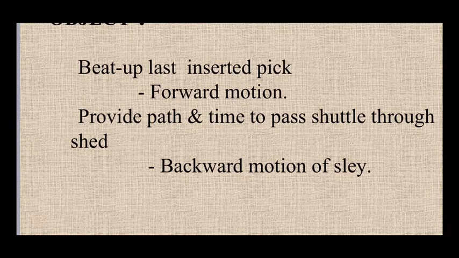The second is it provides path and time to pass the shuttle through the shed. It means for the picking, it provides the path and time when the sley is moving backward. So at the forward motion of the sley, beating up is done, and at the backward motion of the sley, picking is done. In this way, shedding, picking and beating up are synchronized and timed so that first shedding, then picking and then beating up is accomplished.